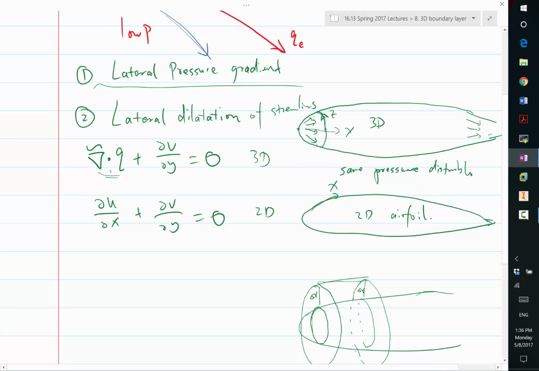So if you define the coordinate like that, dw by dz is actually 0.